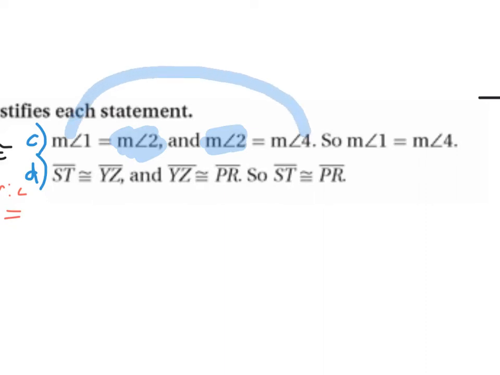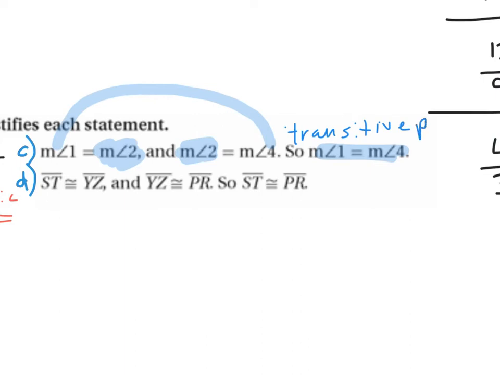So in this case, we are using the transitive property. We're dealing with equal signs, so this will be transitive property of equality.